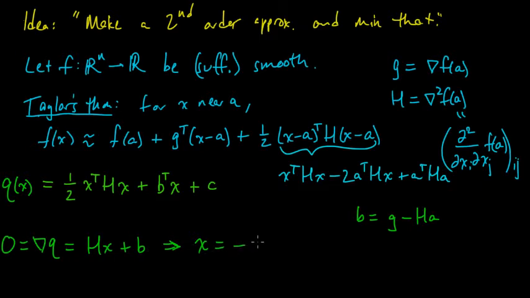And that's going to be minus H inverse b. And let's plug in b here to figure out what this is in terms of the original stuff, g and a. We're going to get minus H inverse g plus a. So that's a minus H inverse g.